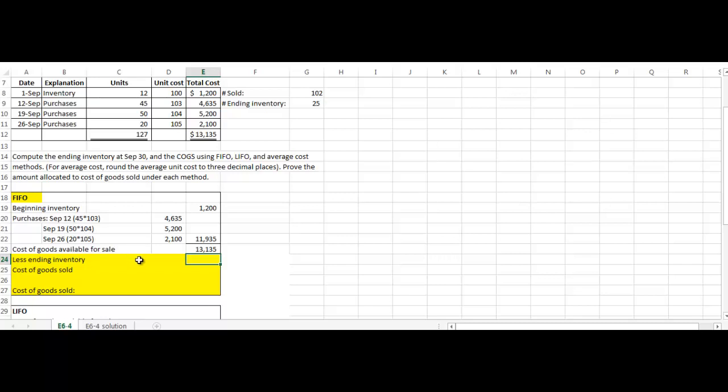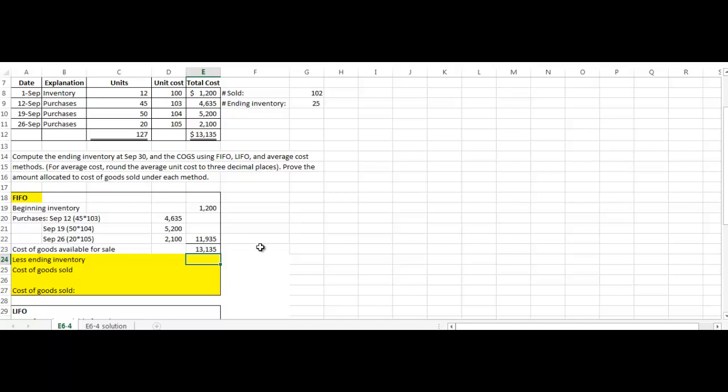I told you that when I first began the exercise on the board, remember? Calculating out the cost of goods available for sale. What could we sell? We can't sell it if we don't got it, and we got it if it was in the beginning inventory and we bought it during the month.